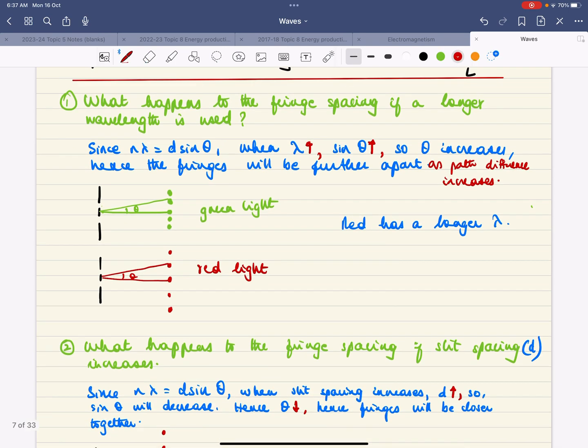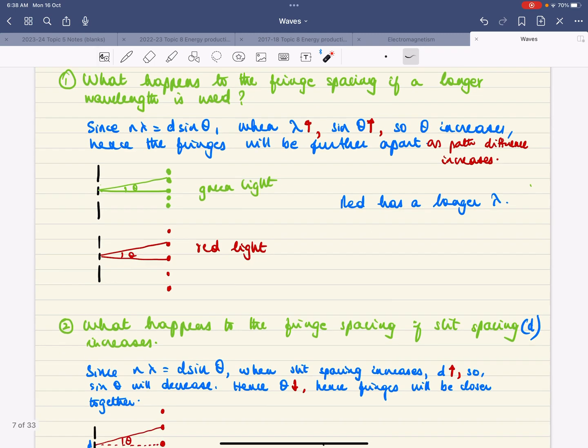So here's the difference. If I have green light, which has got a smaller wavelength compared to red light, for green light the fringes are closer together as opposed to red light. So this angle theta for the red is bigger than this angle theta for the other one, because your path difference is n lambda. So if lambda increases, your path difference increases.